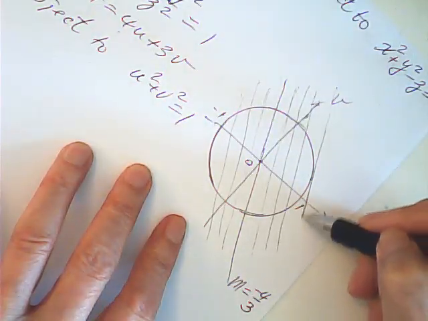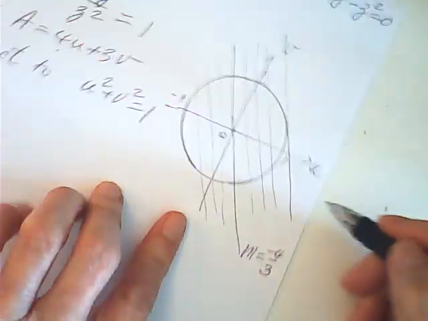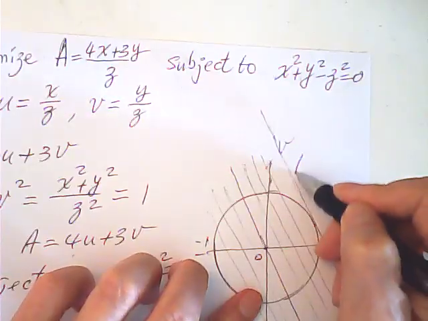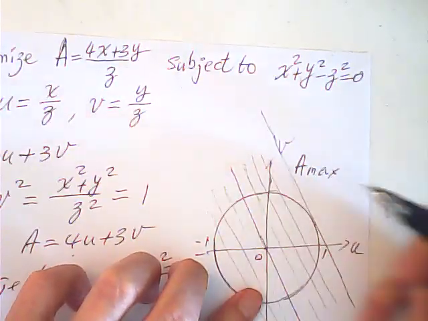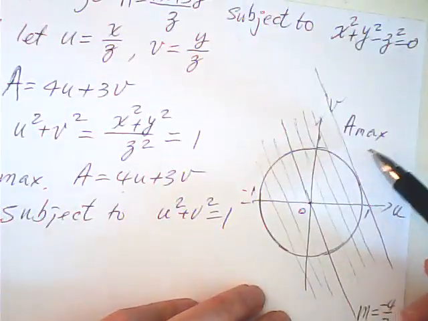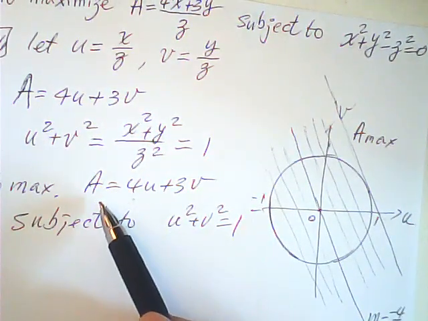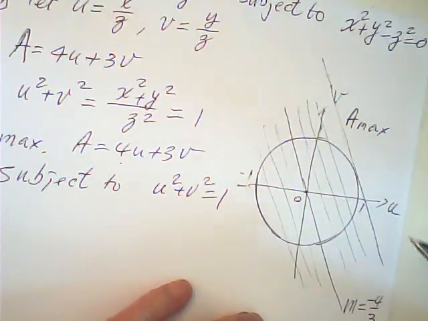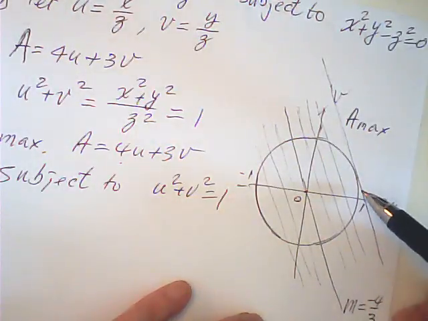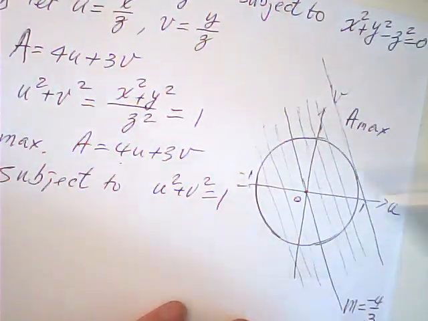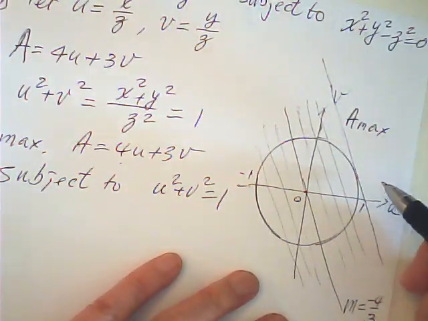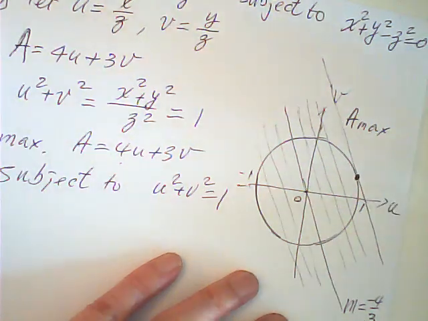A tangent line, this is our A maximum. Right? This is A maximum, which is a line from this family, and at the same time it satisfies this constraint. So how do we find this point?